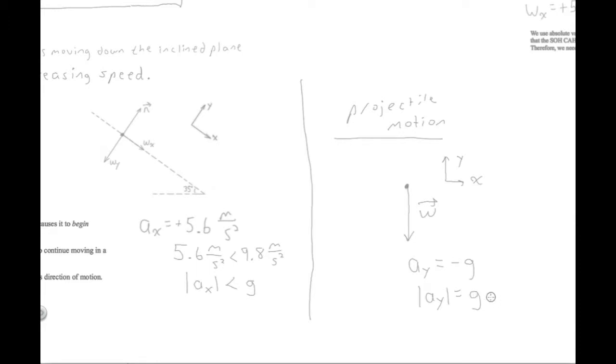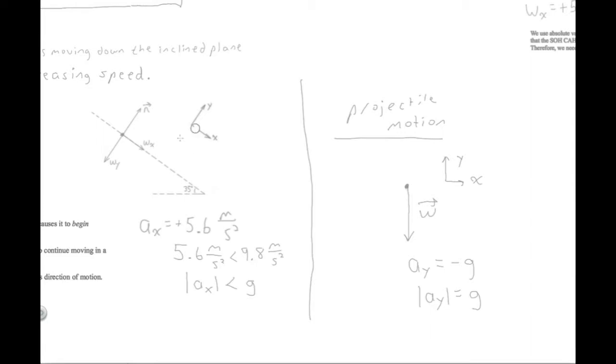That is, little g is the magnitude of the acceleration that would be caused by the full force of the object's weight, which occurs in projectile motion.